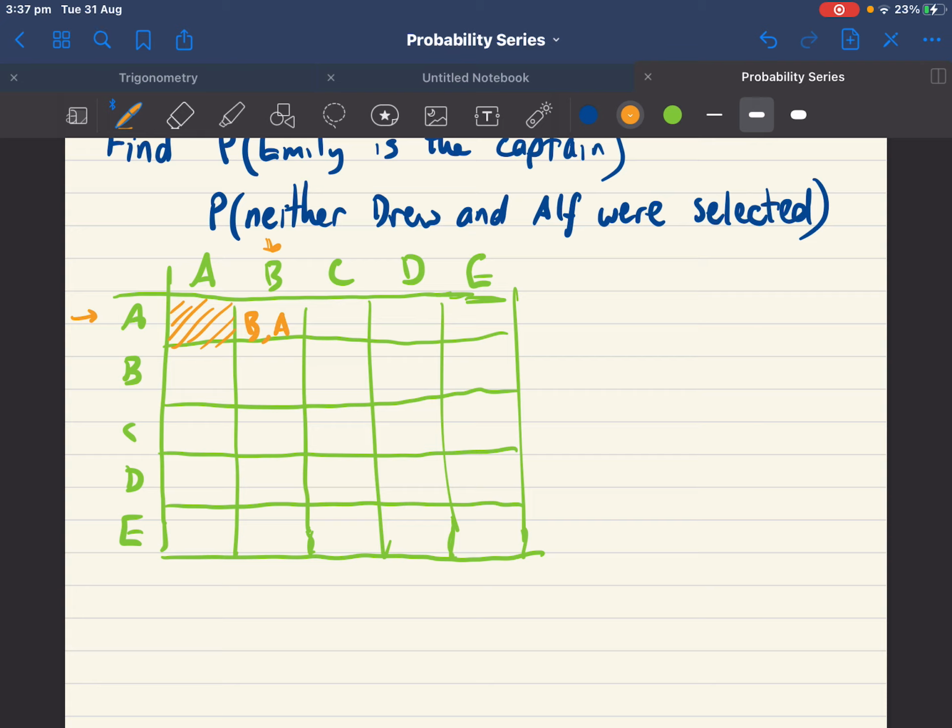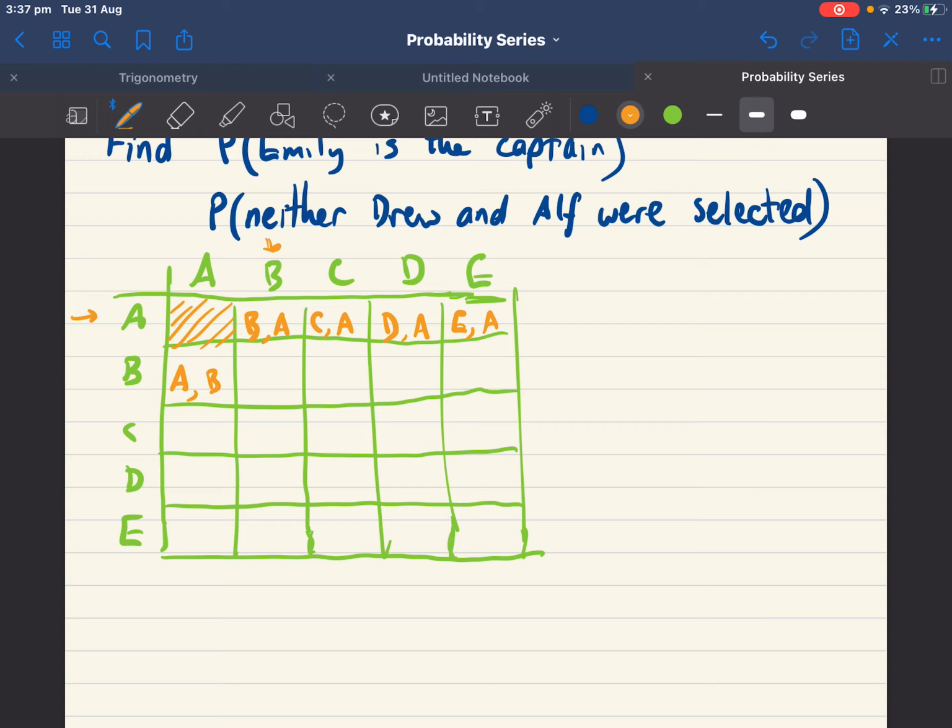The next one along has Kaz as the captain, Alf is the vice captain. Drew could have been made captain, Alf is vice captain, or we could have had Emily as captain and then Alf as vice captain. When we go down to the next row, again I'm doing top first and then the side one. Alf is captain, Beth is vice captain.